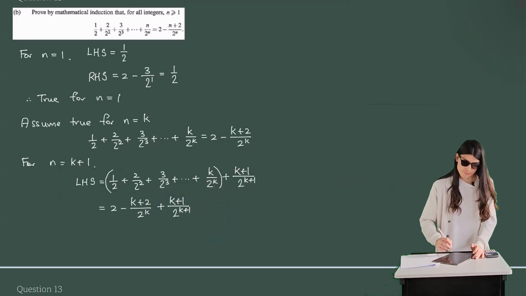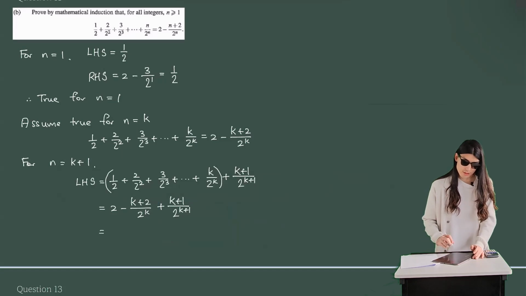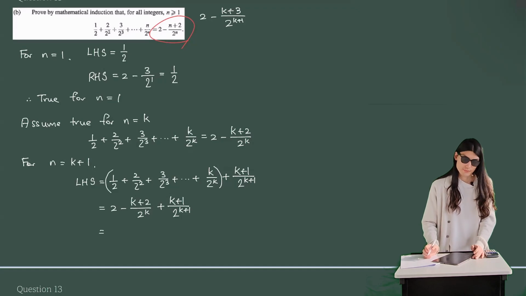And essentially, we need to now simplify this algebraically, okay, to get, what do I need to get on the right hand side? The expression which I need to get on the right hand side is 2 minus k plus 3 over 2 to the power of k plus 1, isn't it?